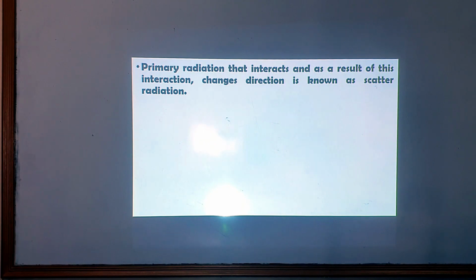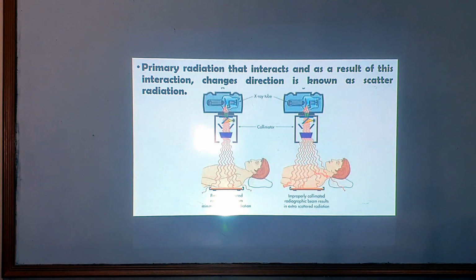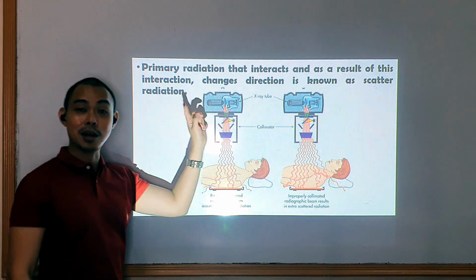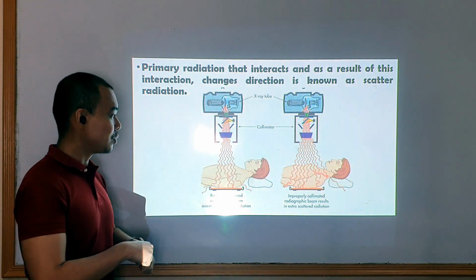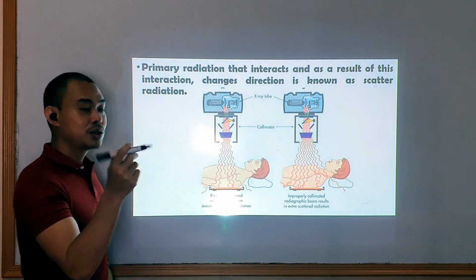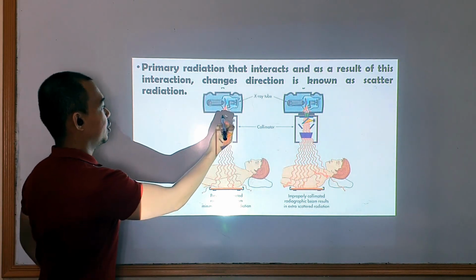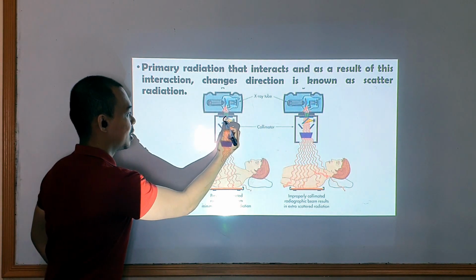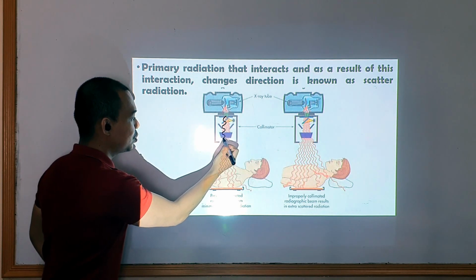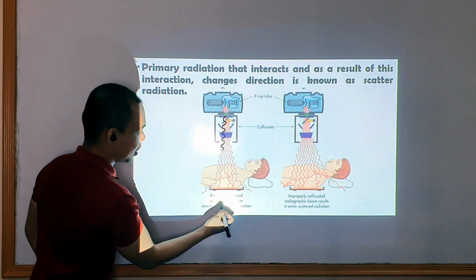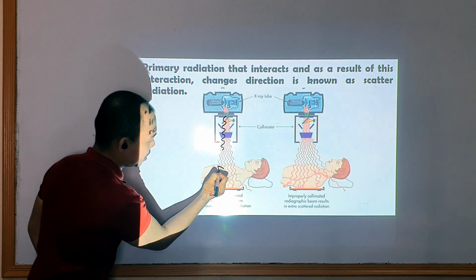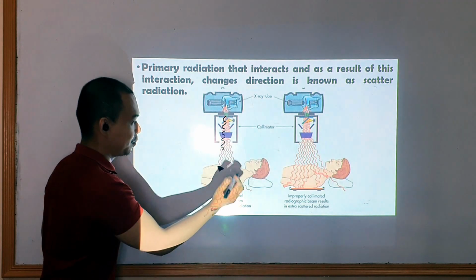Primary radiation that interacts, and as a result of this interaction changes direction, is known as your scatter radiation. Because it's like this, guys. X-rays are produced here, right? So this is your photon, let's just say. Photon is produced, and then you have an anatomy here, let's say liver.